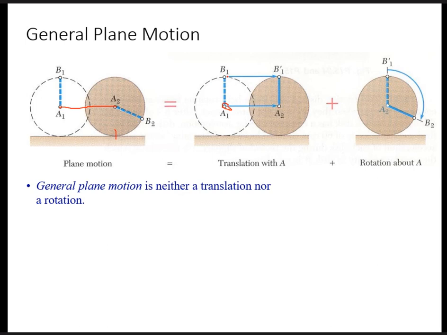Now you need to calculate the velocity of A for the instant that has been represented. Now, how can I apply this concept?